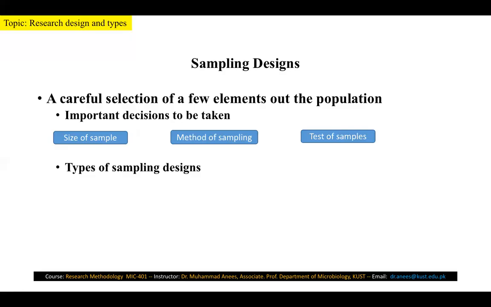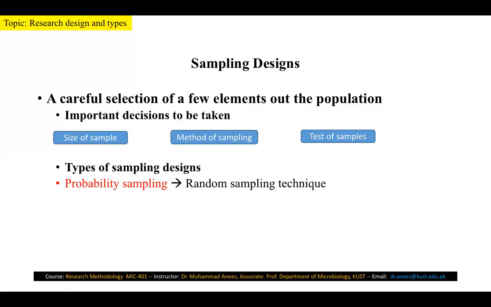Now, there are different types of sampling design. You have to decide there. If we broadly categorize the sampling design, we can divide all the sampling designs into two categories. One is known as probability sampling. Probability sampling means a random sampling technique.